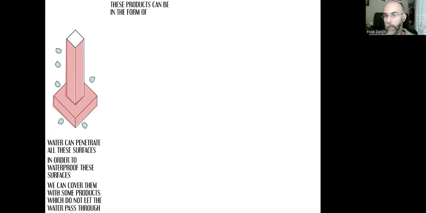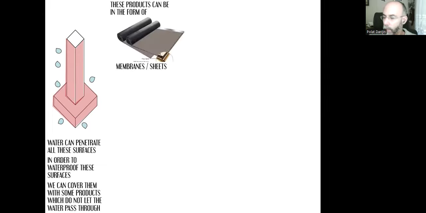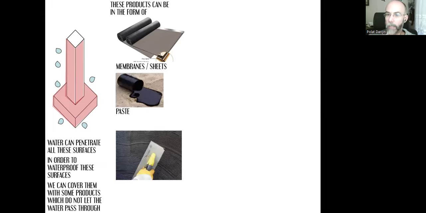These products can be in the form of membranes or sheets, örtü, membran, or they can be in the form of paste, such as plaster. It's half liquid, half solid, like sıva, plaster.